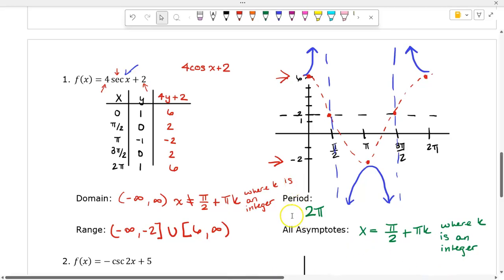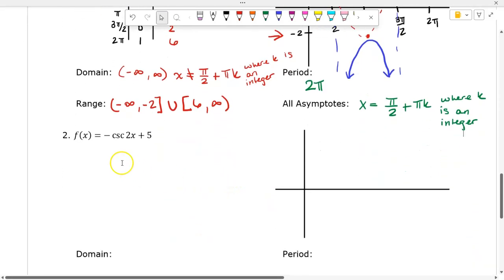Okay, so the restrictions here on the domain and the asymptotes are going to be a bit more challenging for people, and hopefully it makes a little bit more sense after this next example, because this next example is going to address a phase shift. Or I shouldn't say phase shift, a period change.